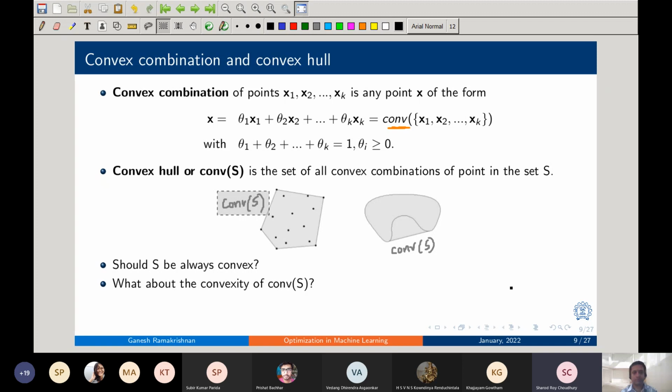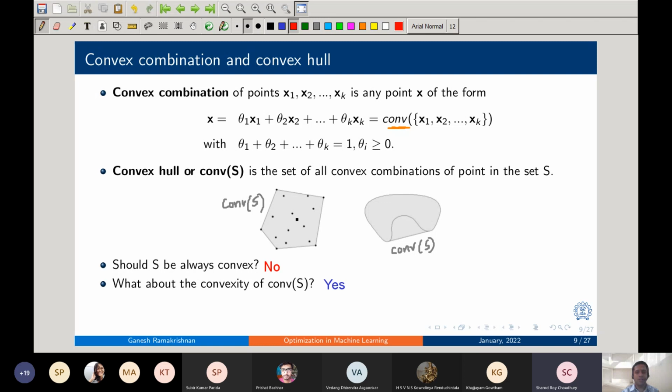So I think yes. So you're saying that convexity of the convex hull is always guaranteed. Is that what you're saying? Yes, sir. What about the convexity of S? Does S need to be convex? No, sir. S need not be convex. In fact, that's very obvious here.